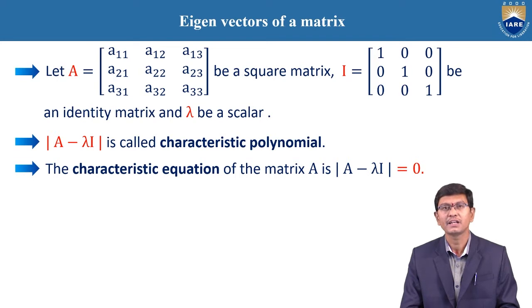After getting the eigenvalues, only then do we find the eigenvector. The determinant of A minus lambda I is called the characteristic polynomial, and if the determinant of A minus lambda I is equal to 0, that equation is called the characteristic equation.